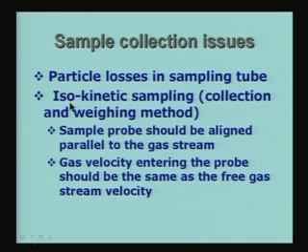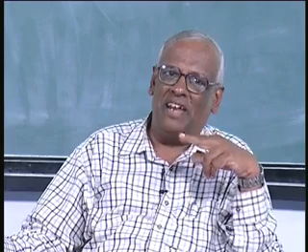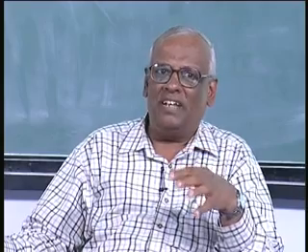Then there is what is called isokinetic sampling. This is an important concept. Before collecting and weighing the particulates, we have to do isokinetic sampling, and it can be simply mentioned in the form of two statements. The sample probe should be aligned parallel to the gas stream, this is very important. The gas stream should not impinge on the side of the tube, because as I mentioned, the particles can settle down on the sides of the tube.